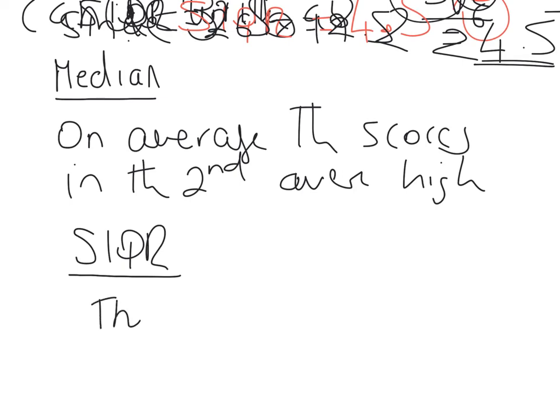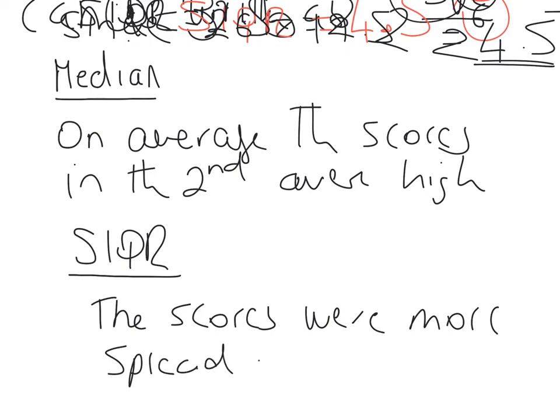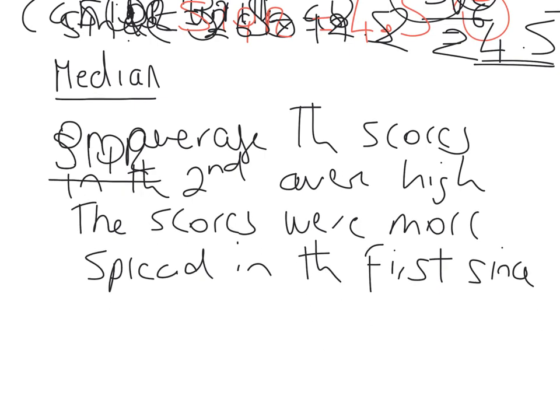So the scores were more spread out in the first round since, and that's because the SIQR was 4.5 in the first round, so it was bigger, since 4.5 is greater than 2.5. If you're asked to comment on the interquartile range, similar to the SIQR, the semi-interquartile range, that's also a measure of statistical spread.